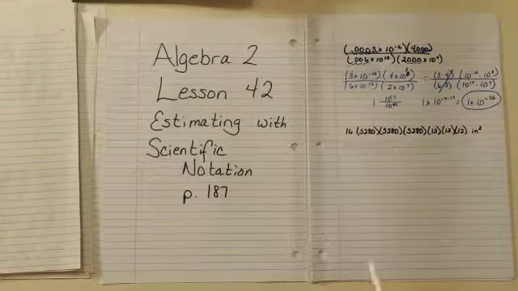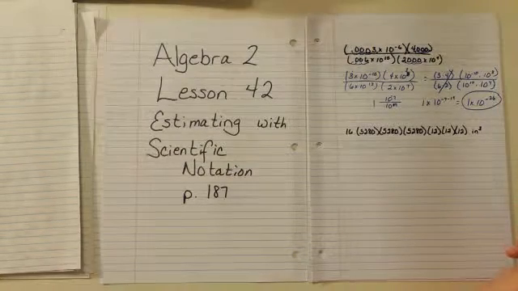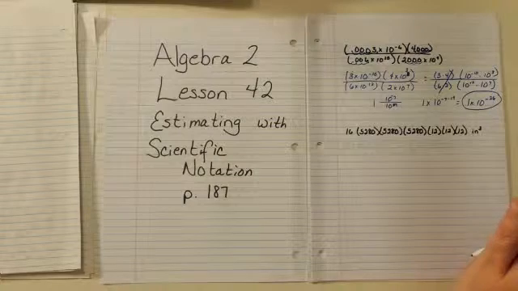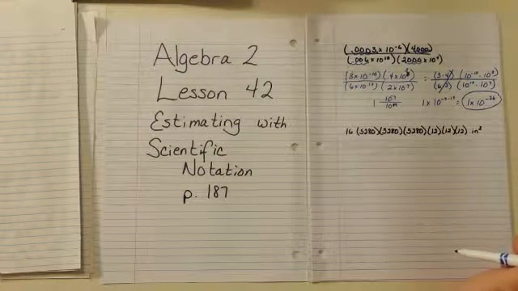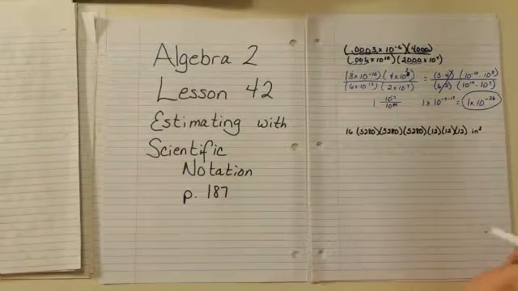So we're going to start by estimating this, and we're going to do that by rounding all of the numbers to one non-zero digit and writing them in scientific notation.